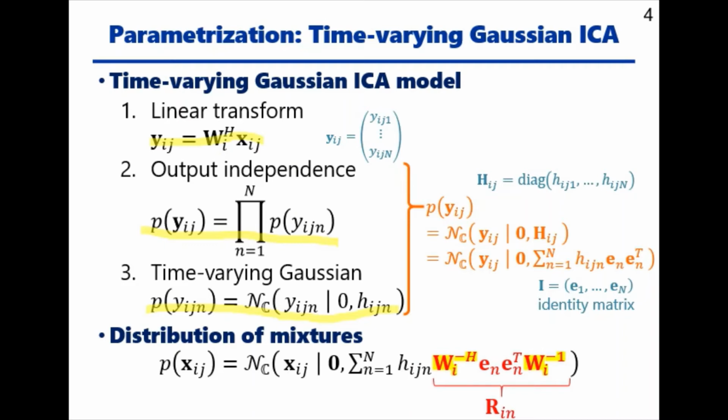By the second and the third assumptions, the joint distribution of the separated signals Y is given by this complex Gaussian distribution. Here, H is the diagonal matrix defined as shown here. The distribution can be rewritten like this, where En denotes the nth column of the identity matrix.